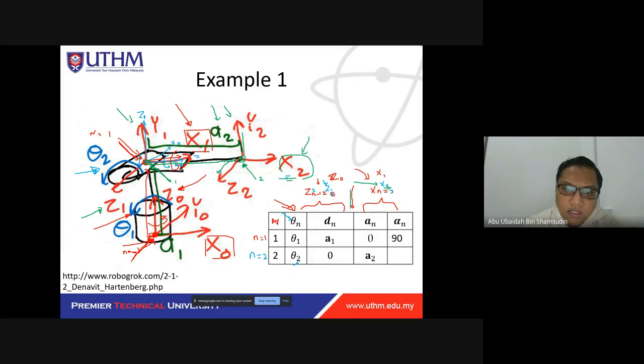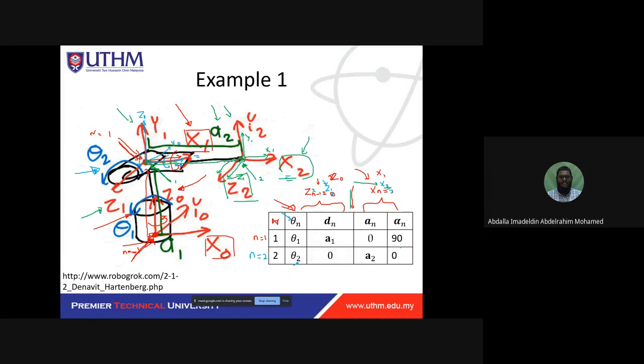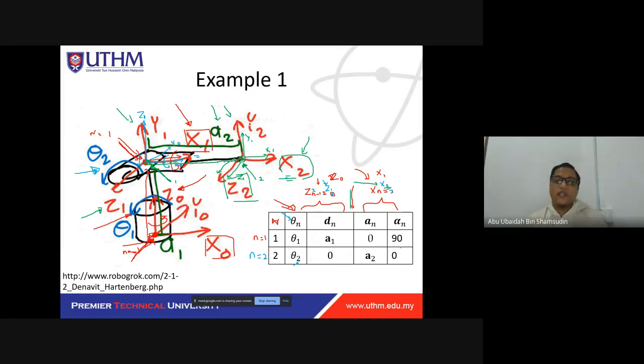So this one is Y1, X1 and this is Z1. Because Z1 and Z2 are already overlapping, the value is 0. Okay, Alhamdulillah, we have finished the DH parameter for our Stanford robot.